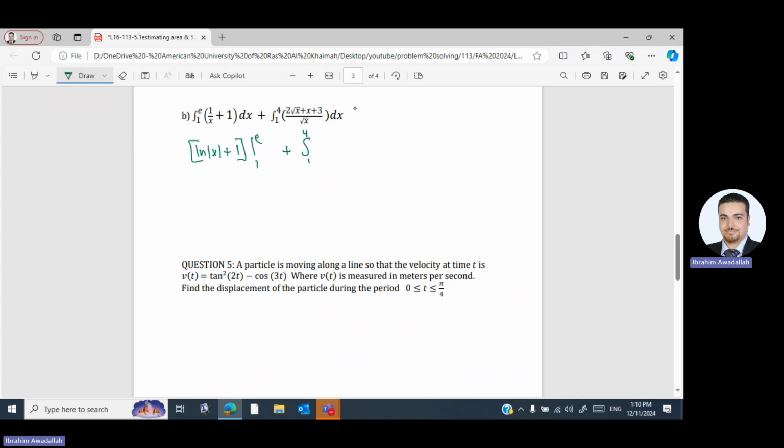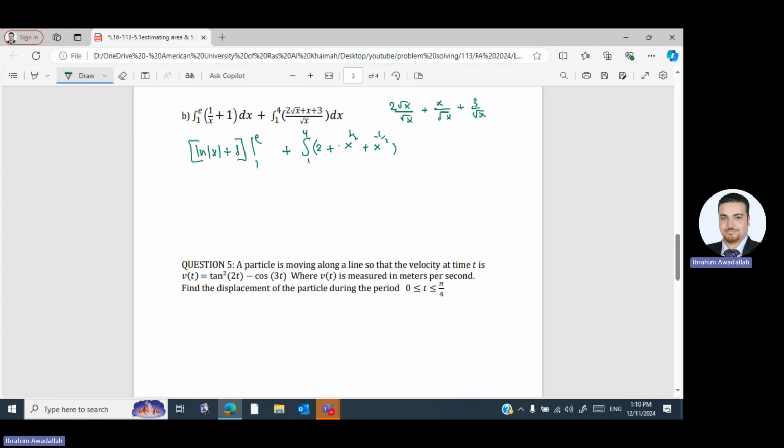Separate it to be 2 root of x divided by root of x, plus x divided by root of x, plus 3 divided by root of x. So this one will be 2, plus this one will be root of x, this one x to the power half, raise it up will be minus half, x to the power minus half. To make it root to the power half directly, it's easier to find it.